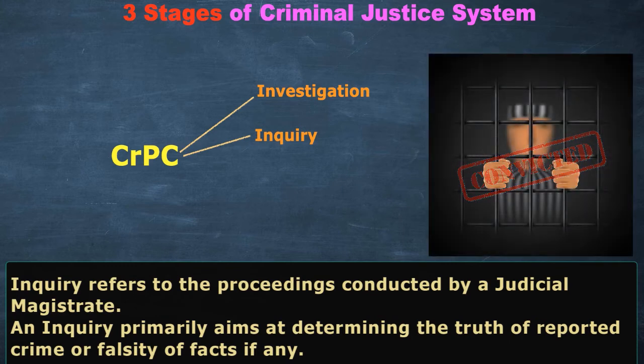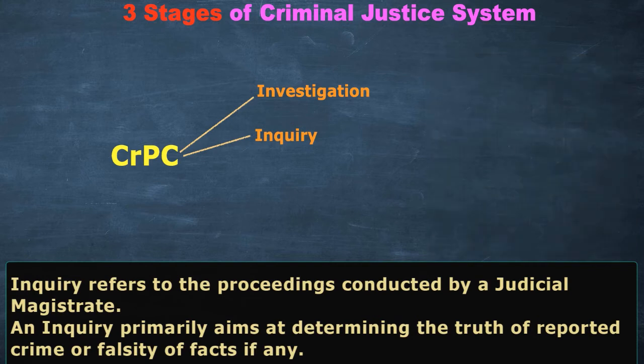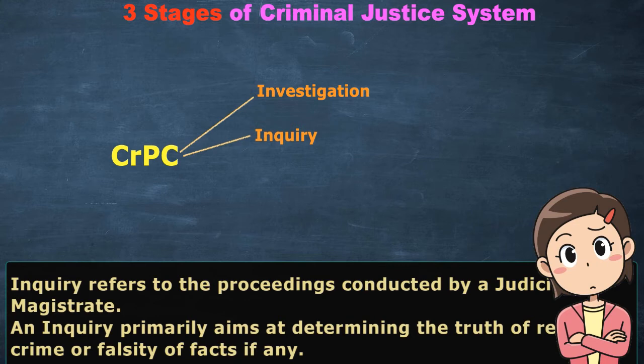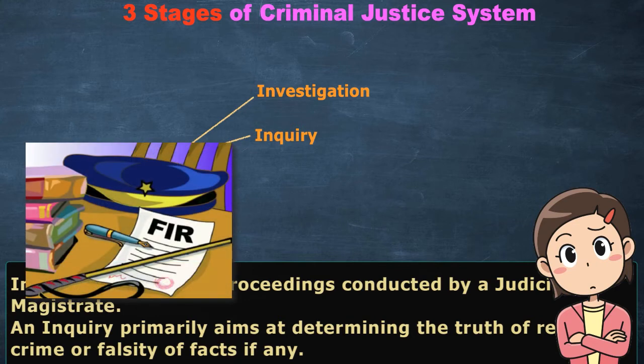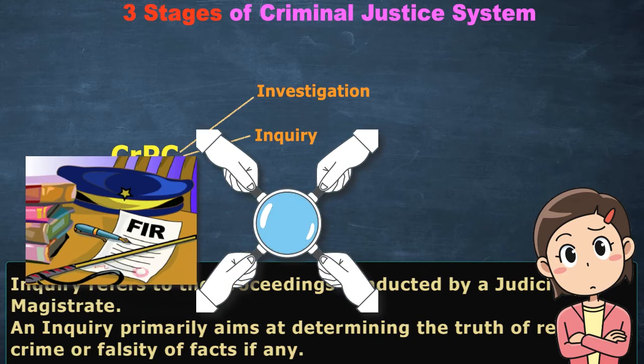Okay. Now we will check the steps done in a police investigation. Once the FIR, the first information report, is registered, and if it is a cognizable offense, then the police start their investigation. What are the major steps?